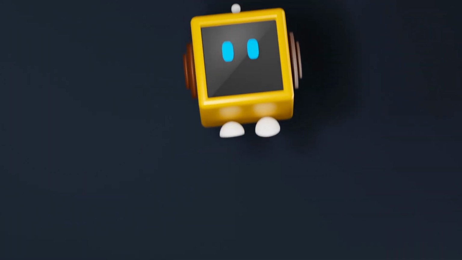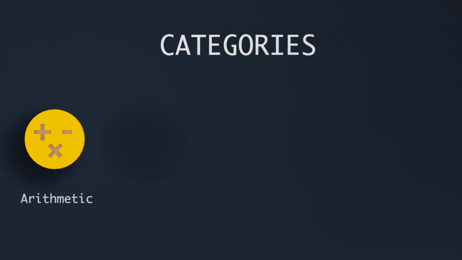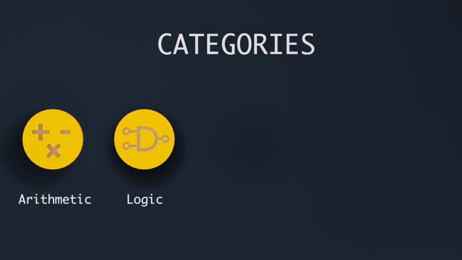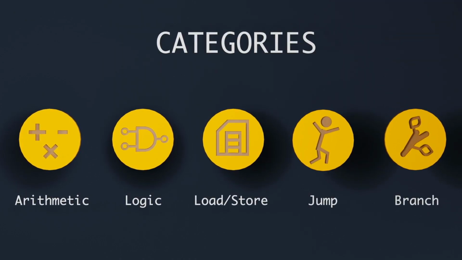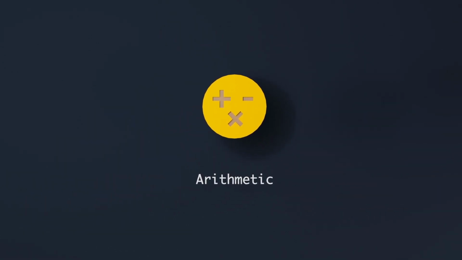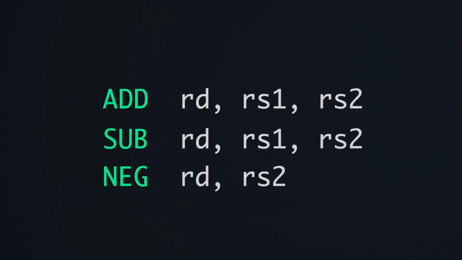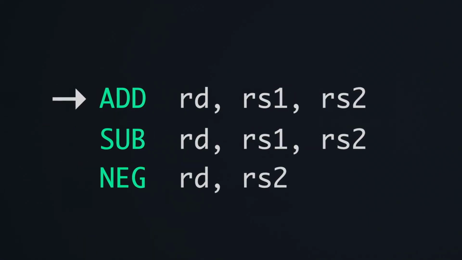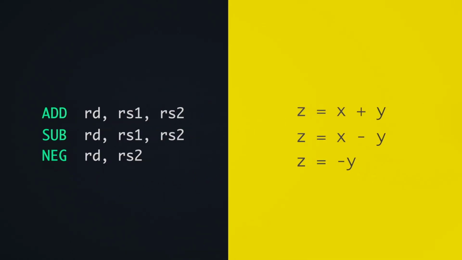There are what I like to call a few broad categories of operations: arithmetic, logic, memory, which consists of load and store, jump, and branch. Arithmetic instructions are ones where we perform mathematical operations. For example, we have add, shown previously, subtract, and negate. These instructions are examples of decompilation from these C instructions.